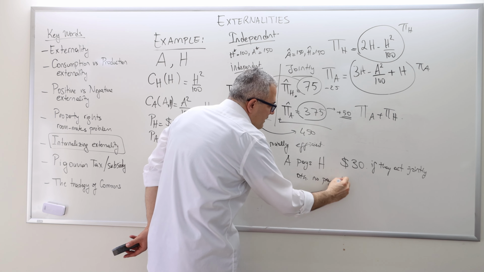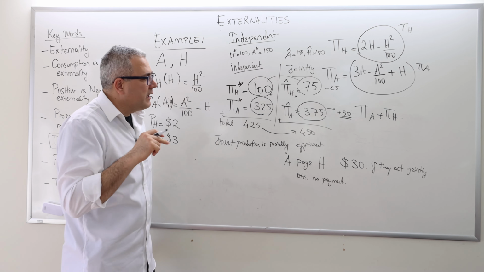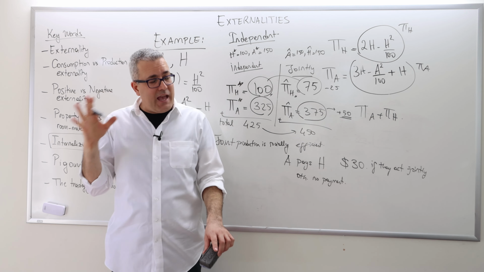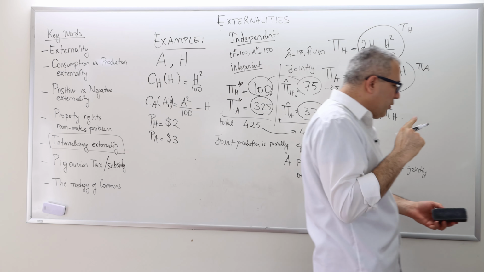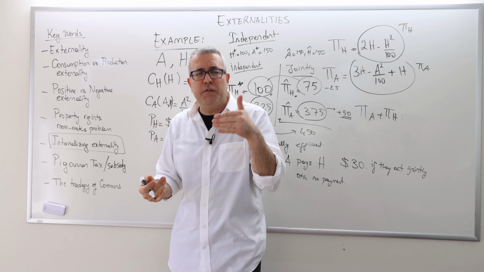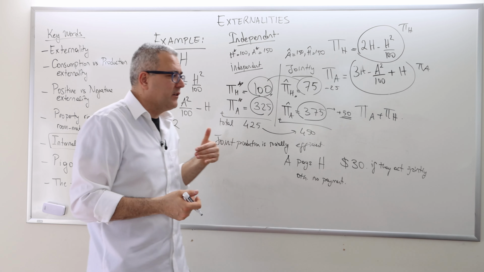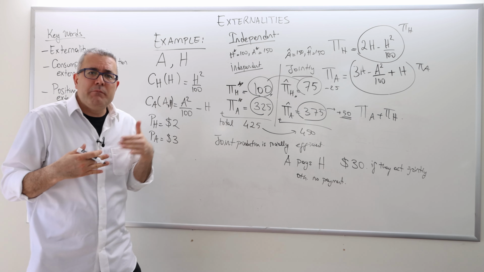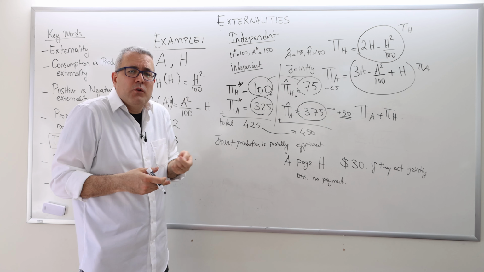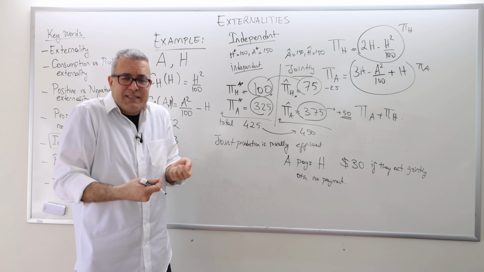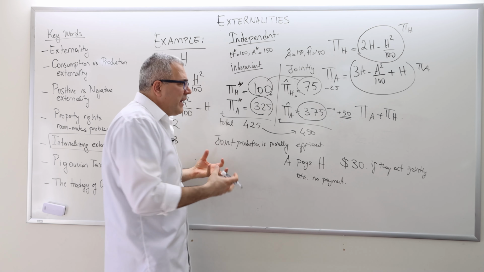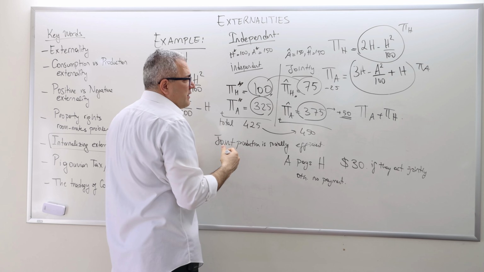We call this a side payment. We are independent firms, but if we act jointly, meaning I produce 150 units of honey rather than 100, the apple orchard will say, I am going to pay you a side payment of $30.